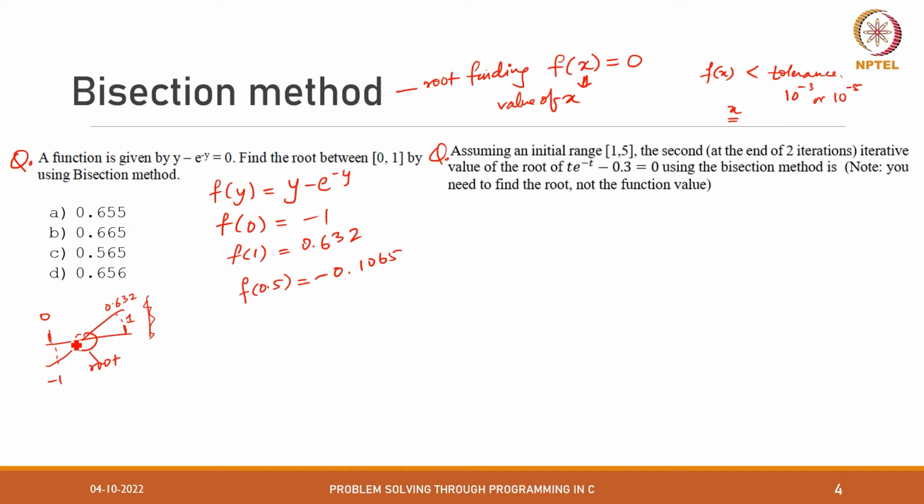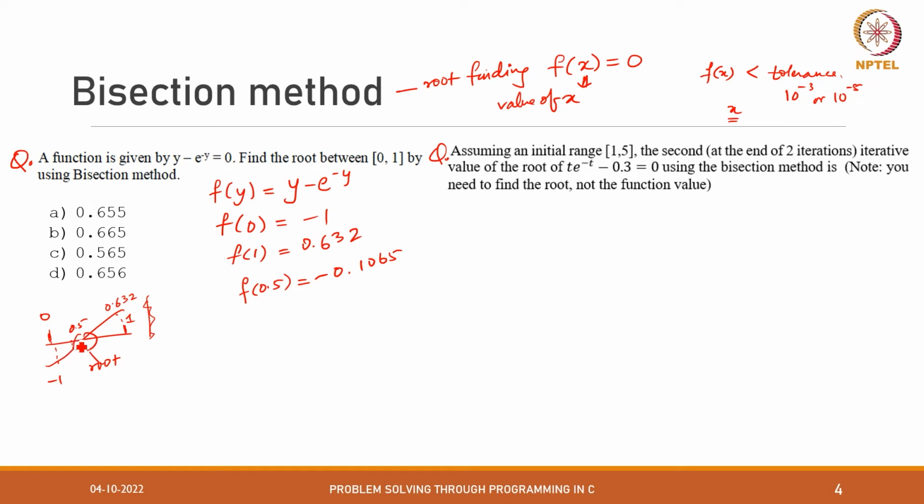So 0.5 occurs somewhere around here, not directly to scale, but still negative. It is closer to the root than minus 1, but on the negative side.